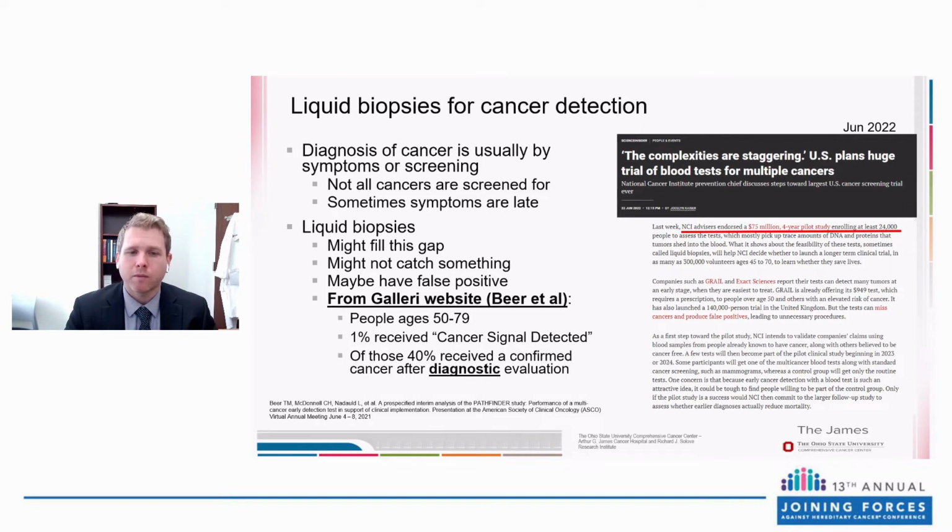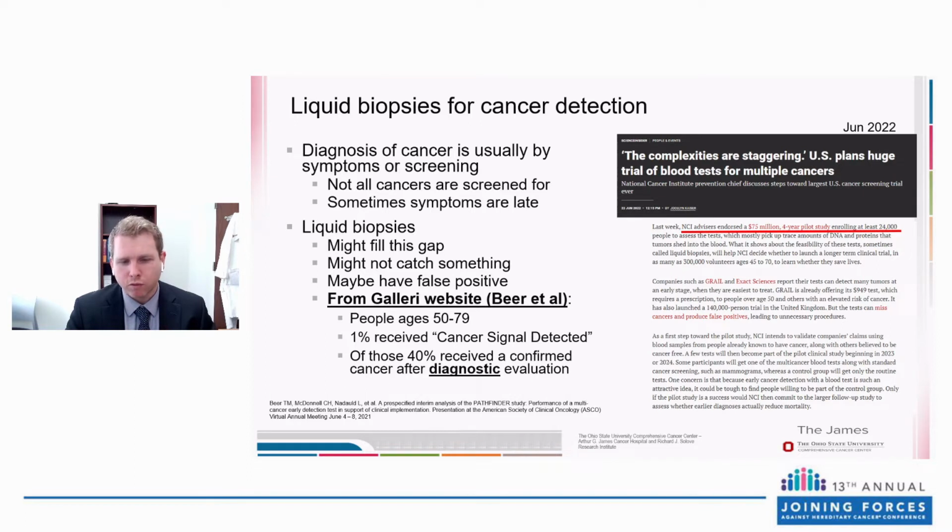There's also the possibility that we could get false positives. And this happens across the whole spectrum of liquid biopsy use: if we get a liquid biopsy test that comes back as being positive, that's not a guarantee that something is going on. I took this data from the Galleri website, which is a company that is offering a screening test for cancer, and they call this a cancer signal detection.